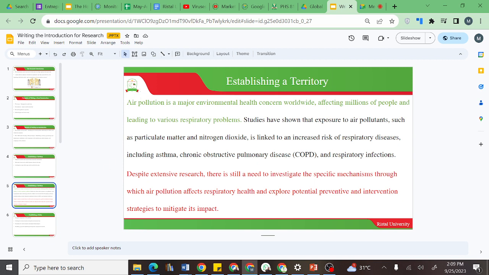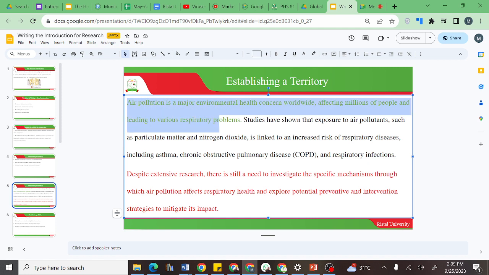So if you read this part, air pollution is a major environmental concern worldwide, affecting millions of people, leading to respiratory problems. That is, you're bringing in the whole topic about air pollution.